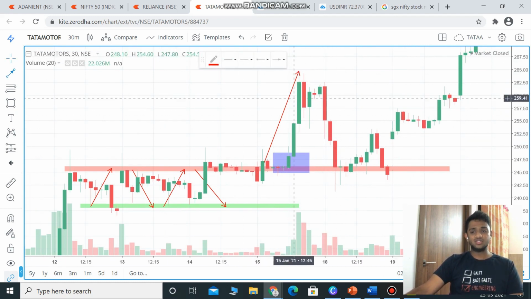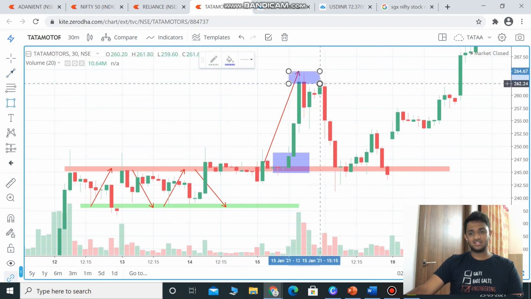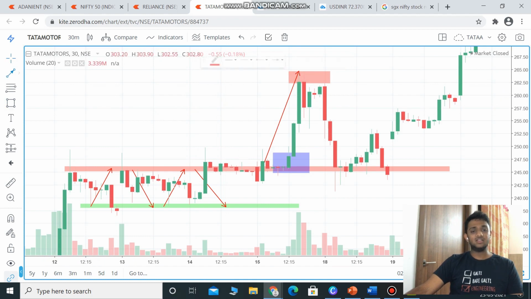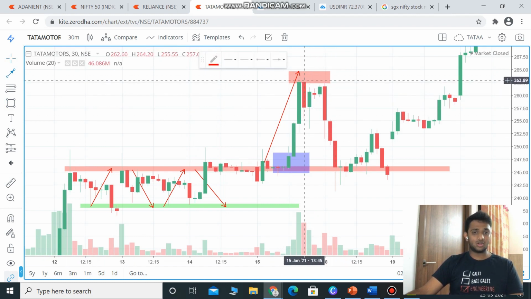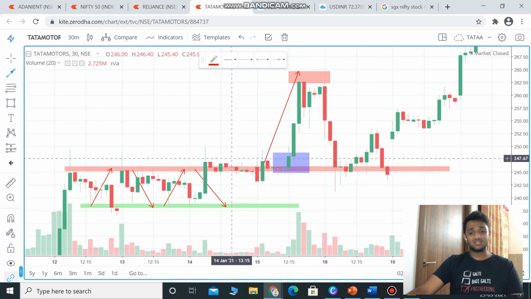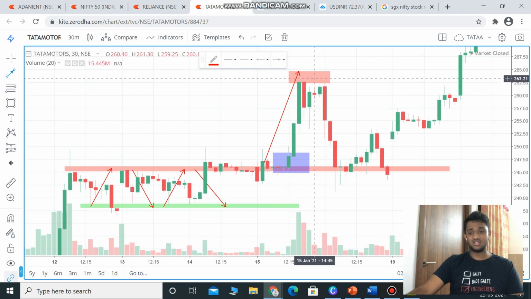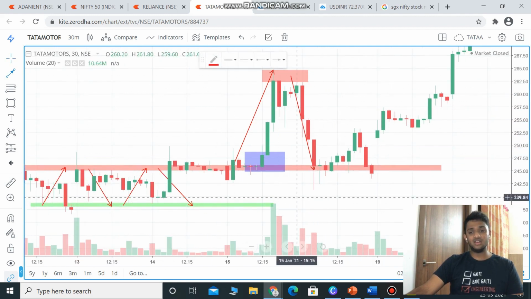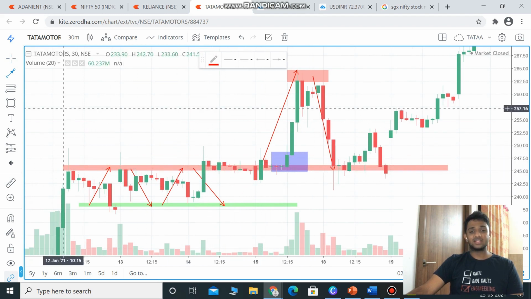Once you see that, at some point it becomes resistance, right? Then you start seeing the stock keep coming down. Where does it stop? It stops at the previous resistance, the major resistance, which is this point, and then the resistance acts as support.